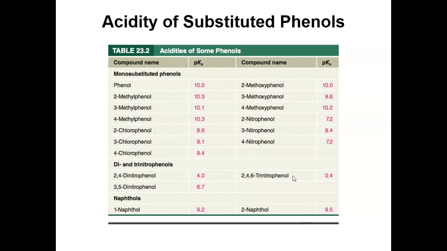But the one thing I really want you to pay attention to is those three nitrophenol derivatives, all of which have a single nitro group on phenol. The only difference is the position of the nitro group, and you can see there's a sizable difference in the acidity of the corresponding nitrophenol.